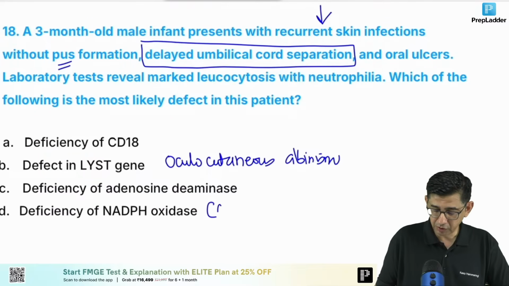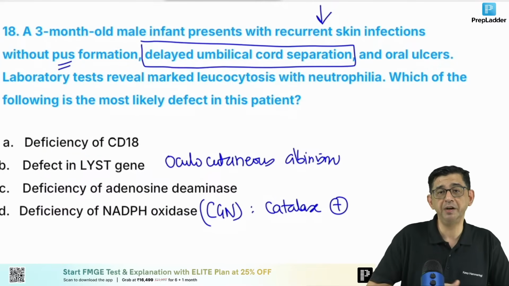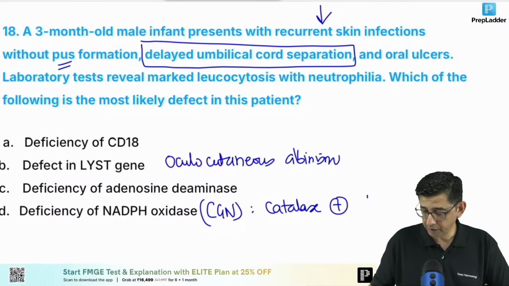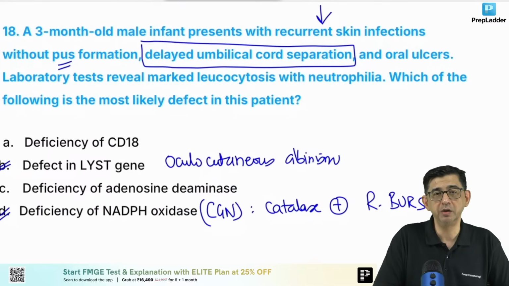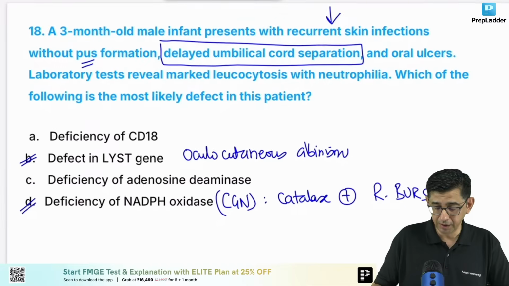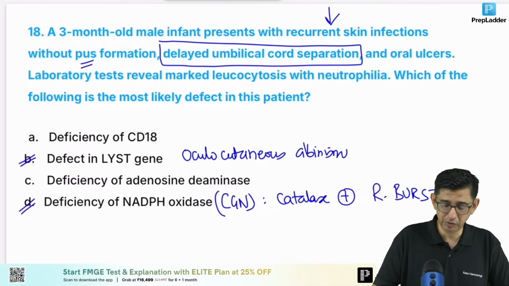NADPH oxidase is chronic granulomatous disease, where we read about infection with catalase positive organisms, and there is a problem with respiratory burst. But at the same time, you do not read about delayed umbilical cord separation in this condition. So I've ruled out two options before you. Either it is going to be a case of severe combined immunodeficiency, or it's going to be a case of leukocyte adhesion defect, which I almost blurted out as an answer. The correct answer for this question is option number A.